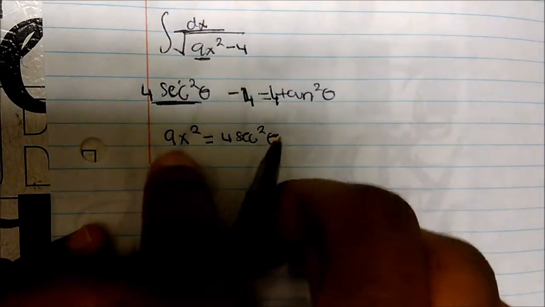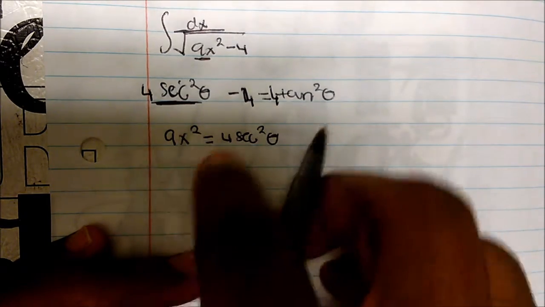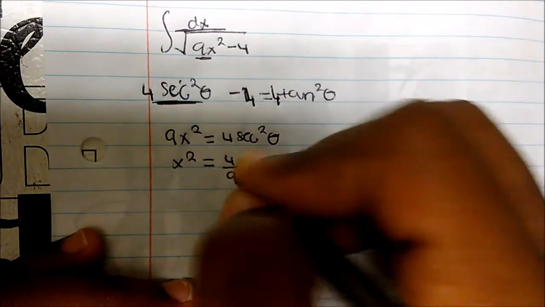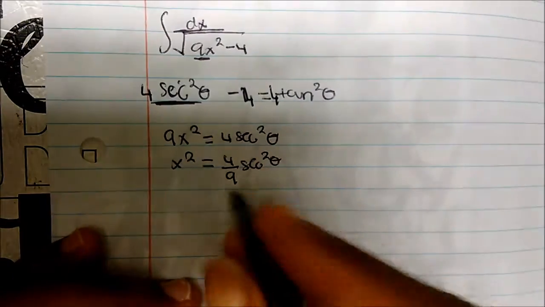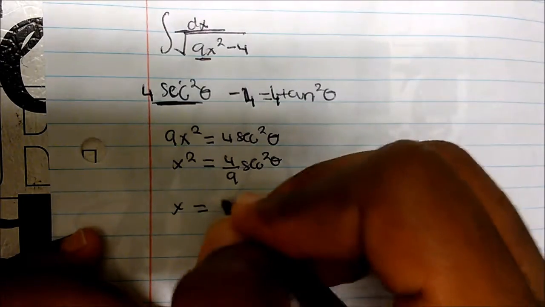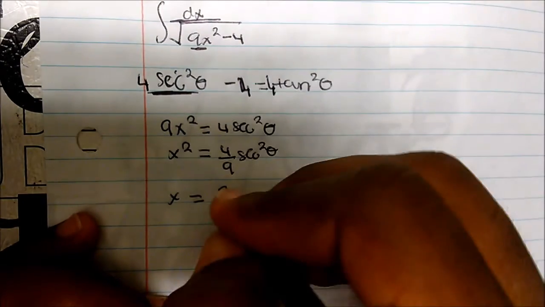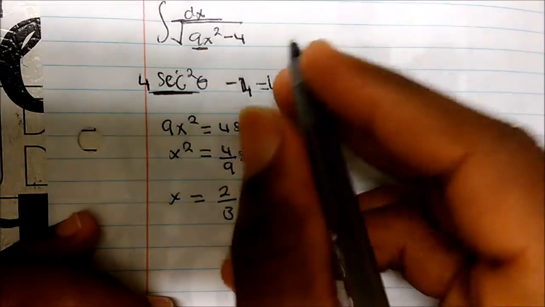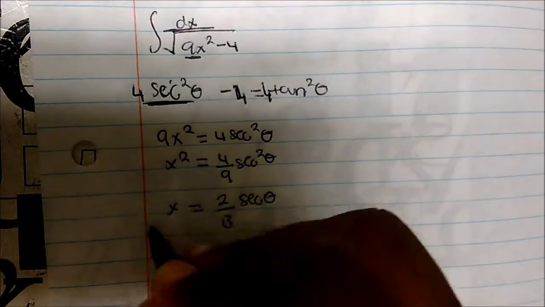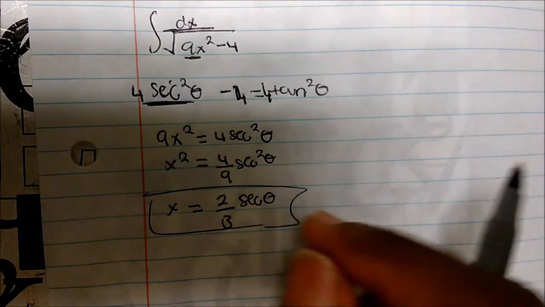If I divide by 9, because I want to figure out what to substitute in for x, x squared becomes 4 over 9 secant squared of theta. Then if I take the square root, x becomes, well, the square root of 4 is 2, the square root of 9 is 3, and the square root of secant squared of theta will cancel out, giving me secant of theta. So x becomes 2 over 3 secant of theta, and this will be what I substitute in for x.